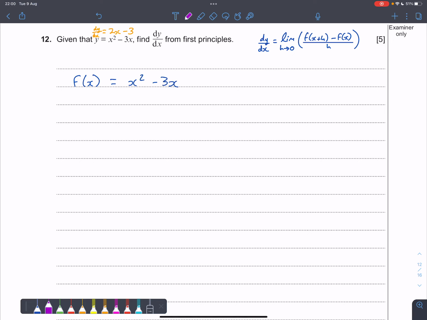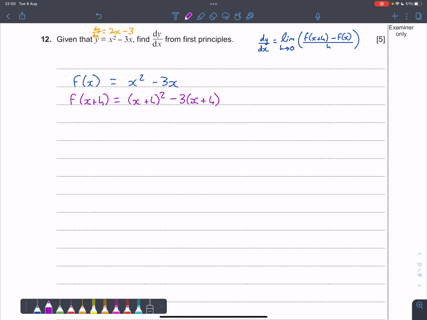So my f of x plus h says instead of putting x in and getting x squared minus 3 lots of x, I'm going to put x plus h in. So I'm going to have x plus h here and x plus h there. So that will give me x plus h all squared minus 3 lots of x plus h.